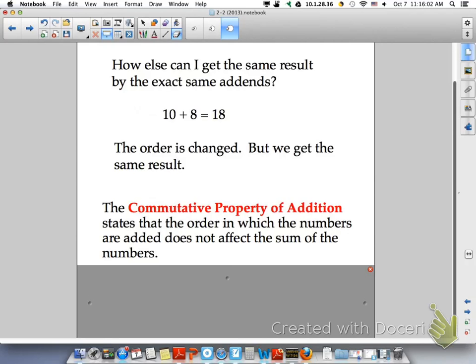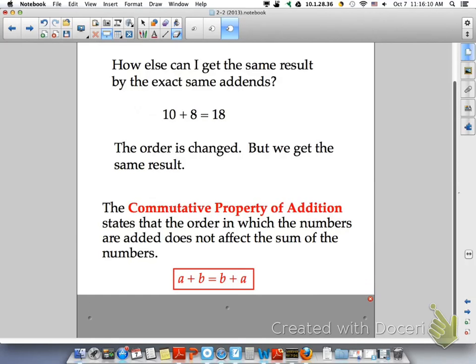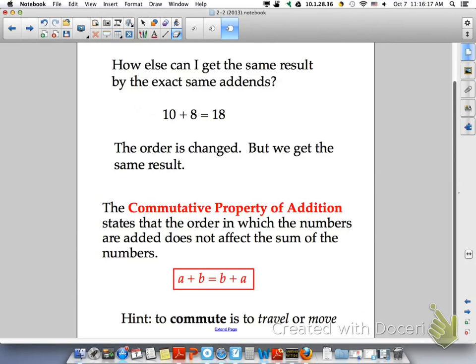Whether you do 10 plus 8 or 8 plus 10, you get the same final result. Now, algebraically, this is how you write it. A plus B equals B plus A. So I can say 8 plus 10 is the same as 10 plus 8.